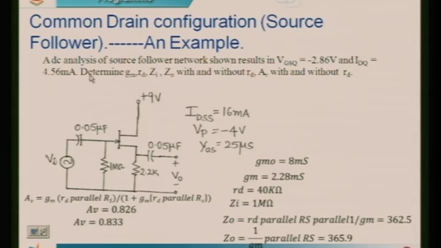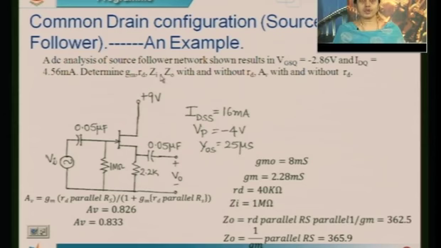For this, it is required to determine the AC parameters like transconductance gm, drain resistance rd, input impedance Zi, output impedance Zo with and without drain resistance. Finally, it is required to evaluate what is voltage gain with and without rd.